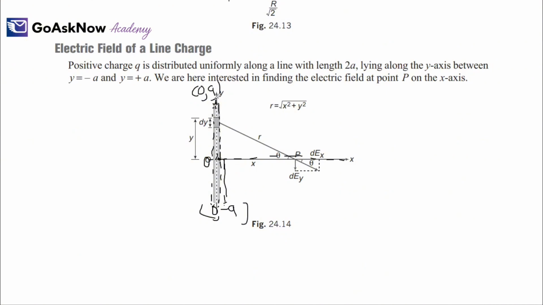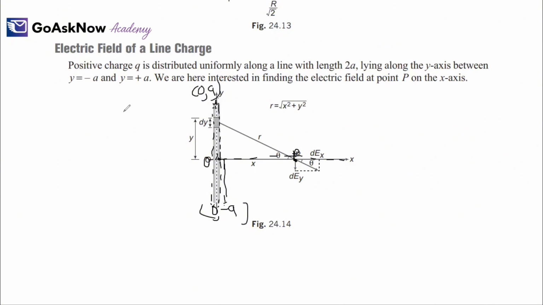We are interested in finding the electric field at a point P on the x-axis. If you have any point P on the x-axis, what is the electric field at this point due to this line charge? Let's find out how to calculate it.